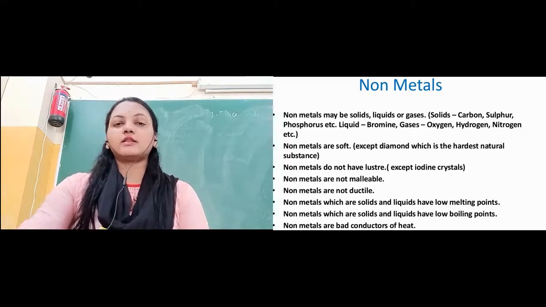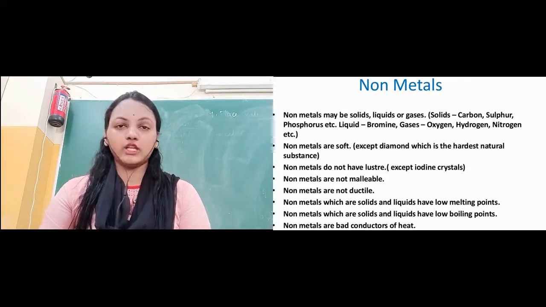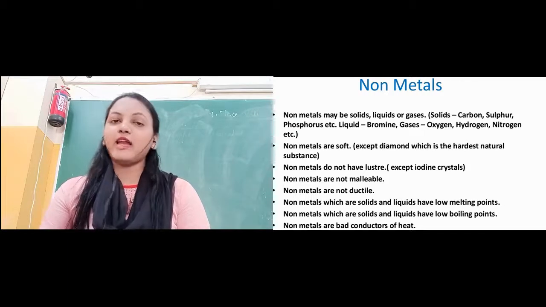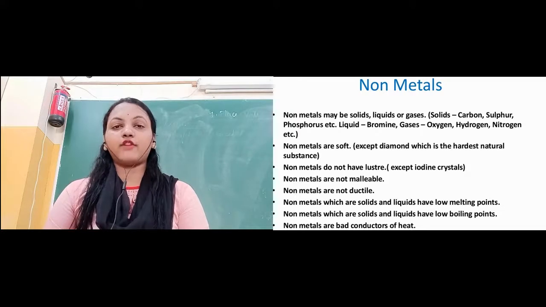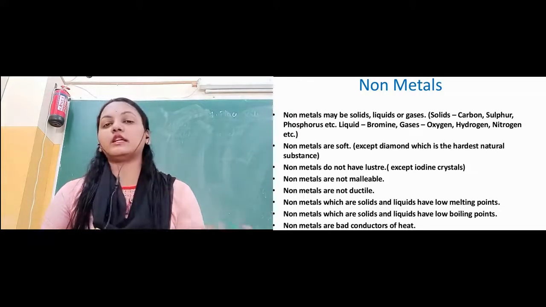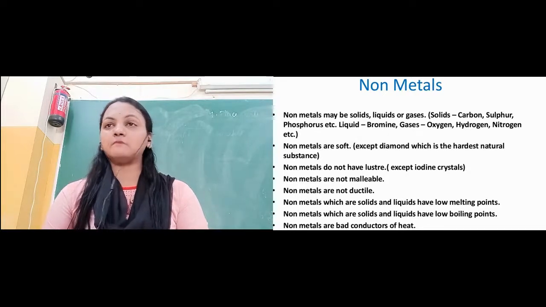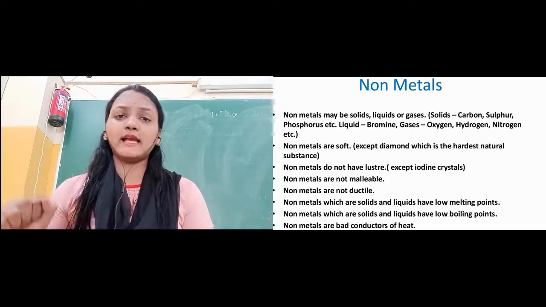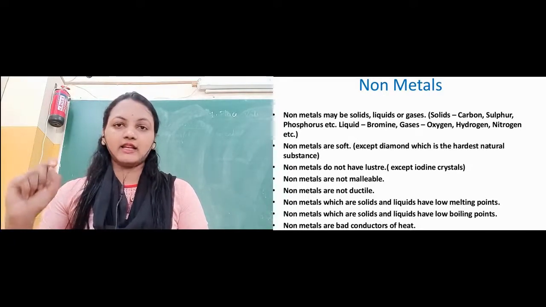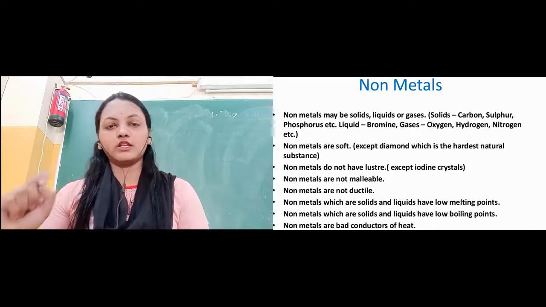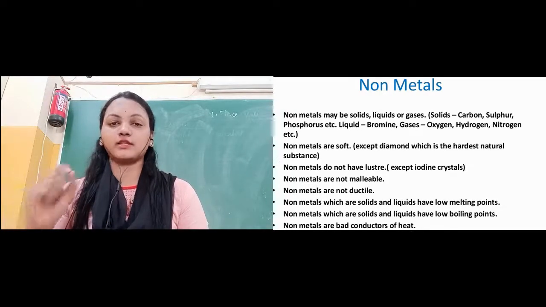Many non-metals are solid, many of them are liquid, and many of them are gaseous. So non-metals are found in all three states: solid, liquid and gaseous. What are the examples of solid non-metals? Examples are carbon, sulfur, and even phosphorus.